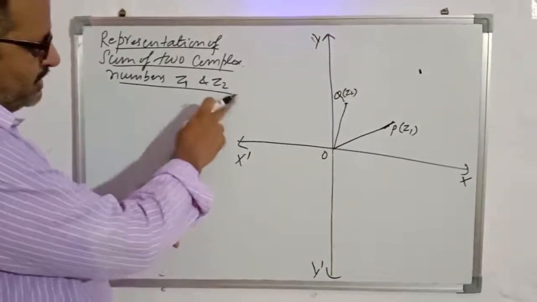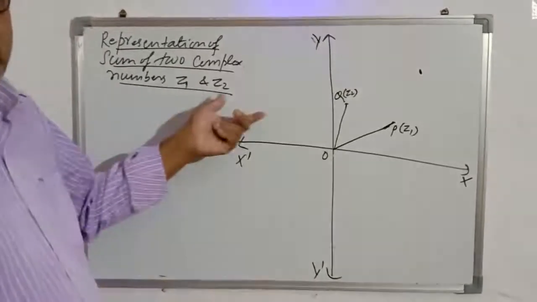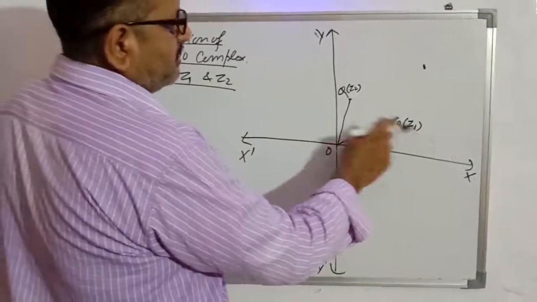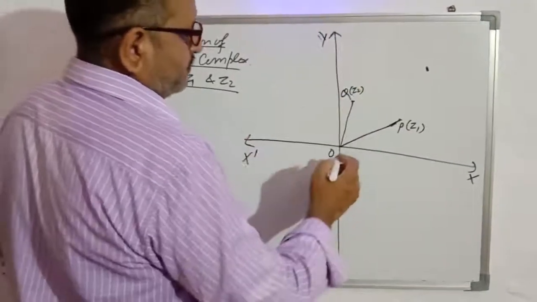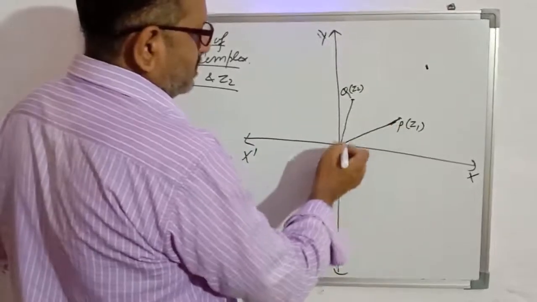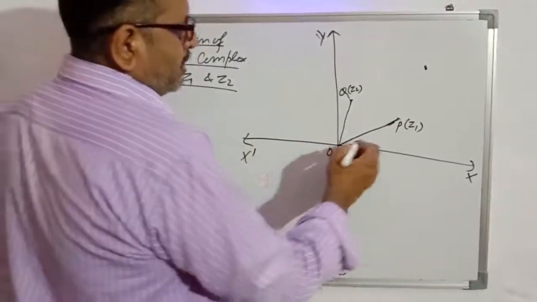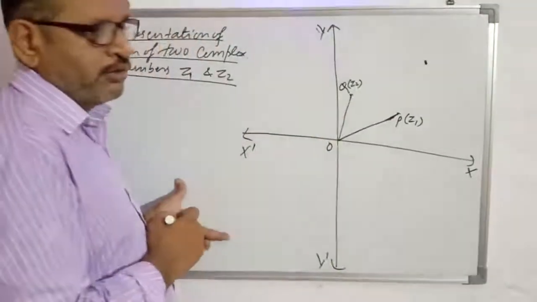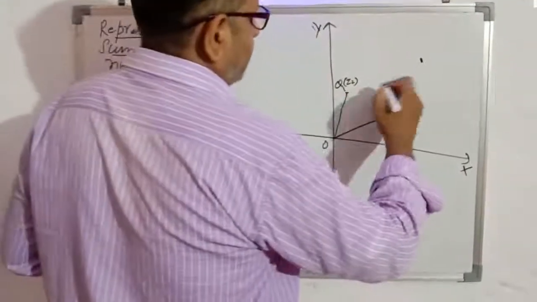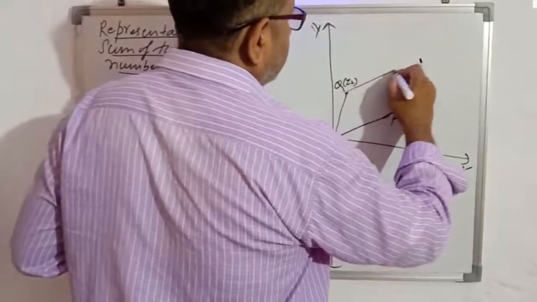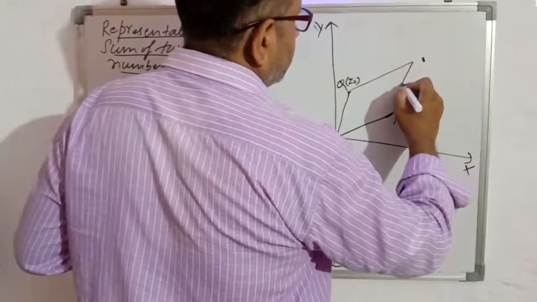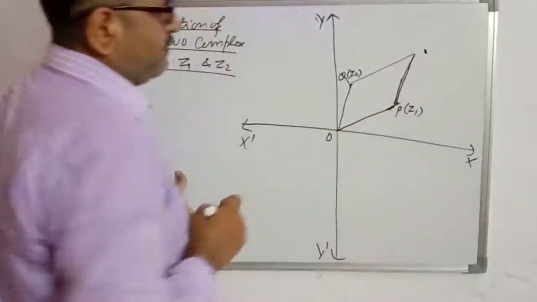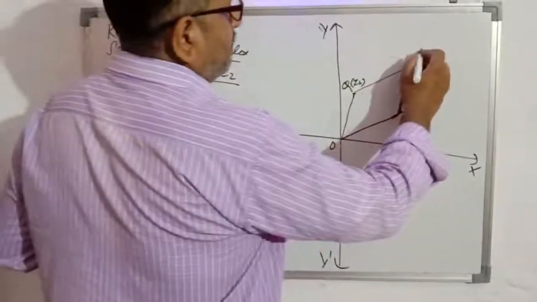Their sum means Z1 plus Z2. Join these two points with the origin O. Taking OP and OQ as adjacent sides, we complete a parallelogram, and name the fourth vertex R.